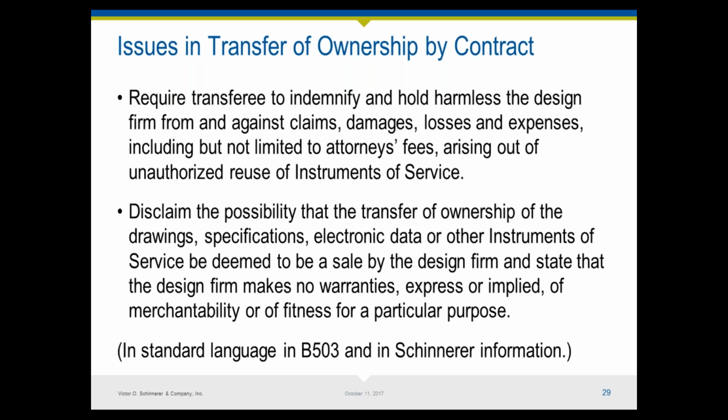And again, this information is in all our standard stuff on our Schneider.com AE risk management website, and even in things like the AIA B503, which is a document that is updated every so often, that comes up with alternative language to the standard AIA owner-architect agreements.